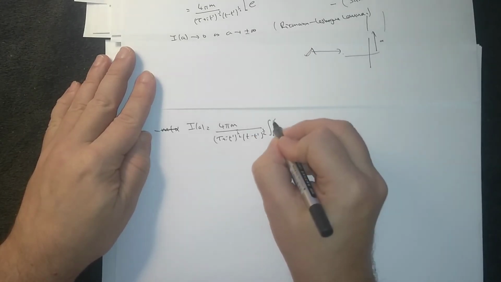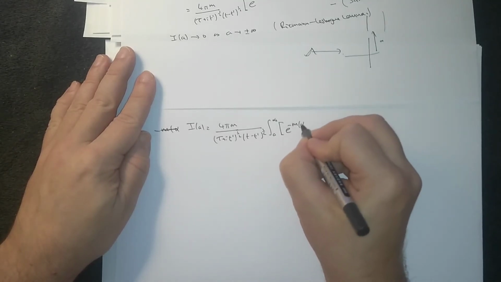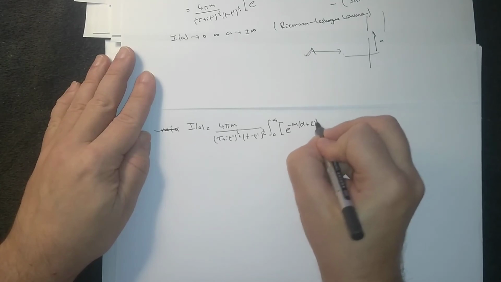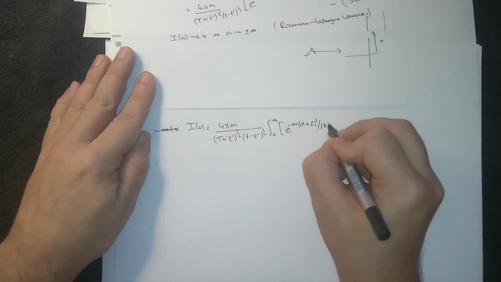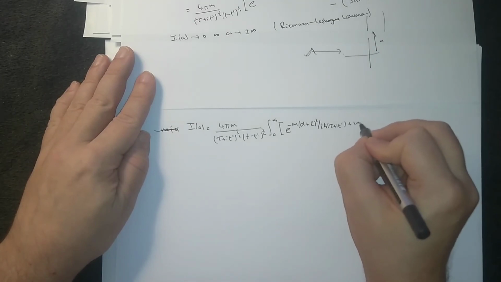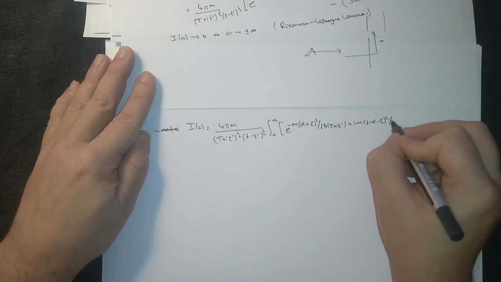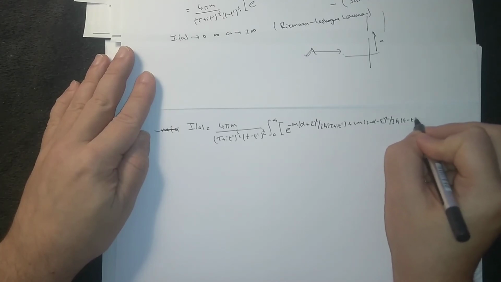integral a to infinity e to the minus m alpha plus epsilon squared over 2h bar tau plus I t prime plus I m x minus alpha minus epsilon squared over 2h bar t minus t prime.